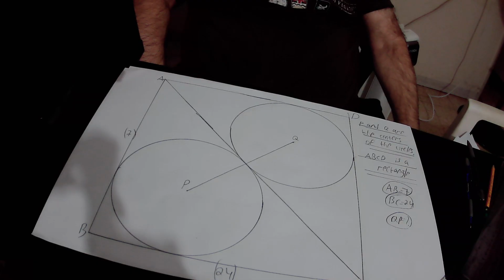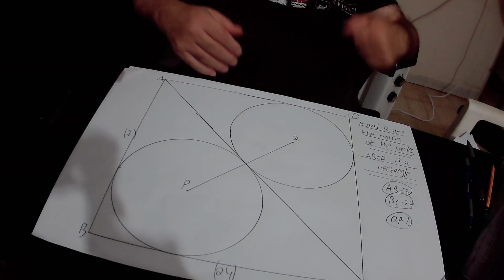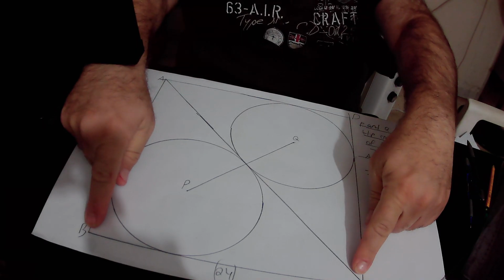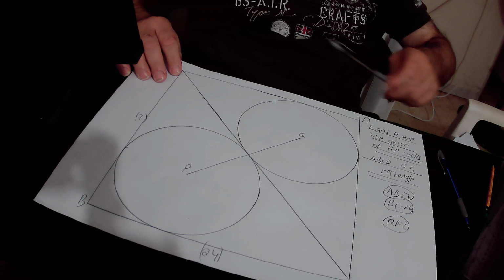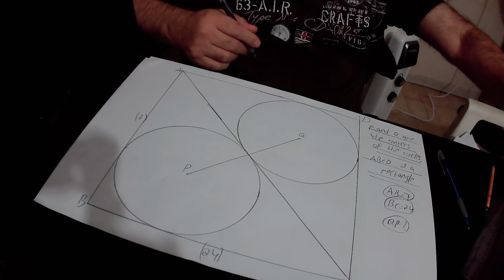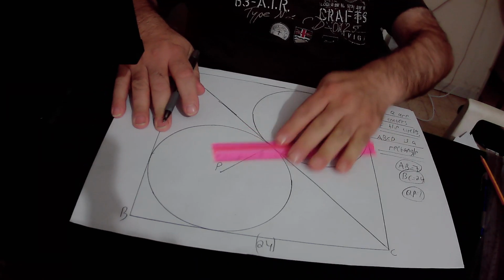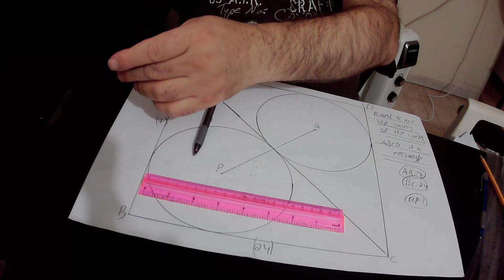Okay, so first of all, because ABCD is a rectangle, all those four angles are right angles. So I write it down. This angle equals 90 degrees.